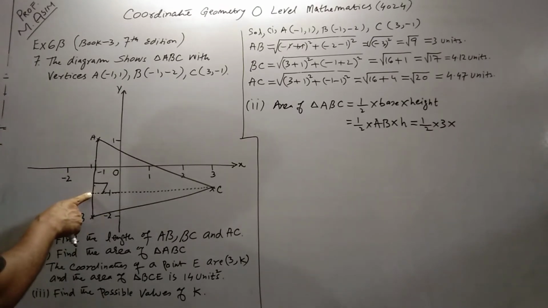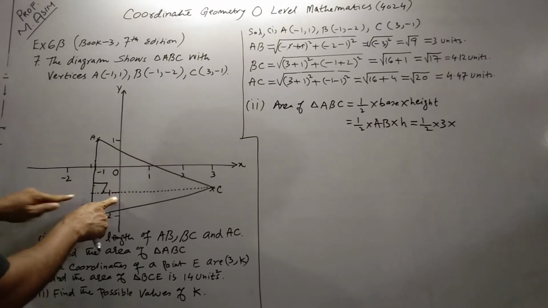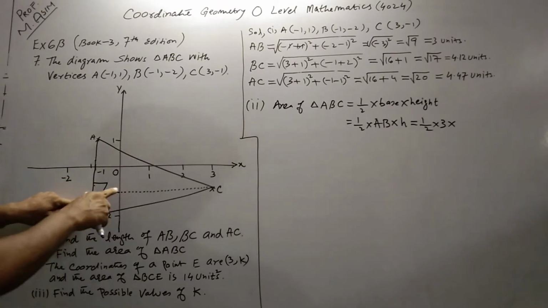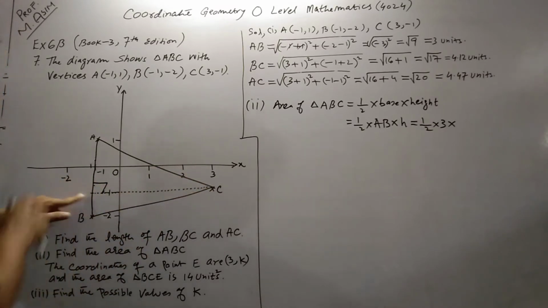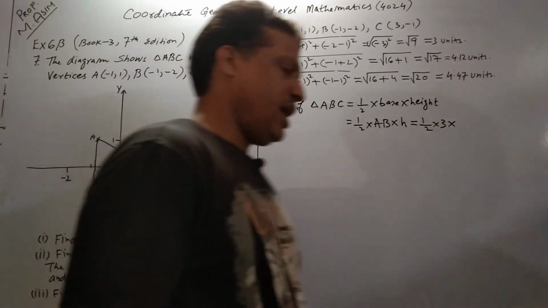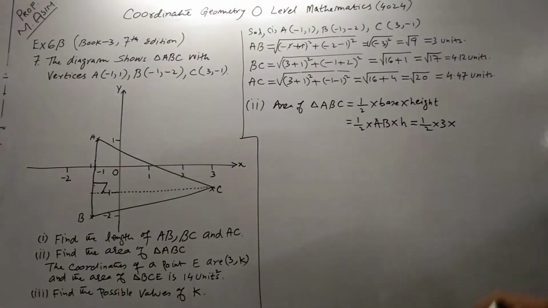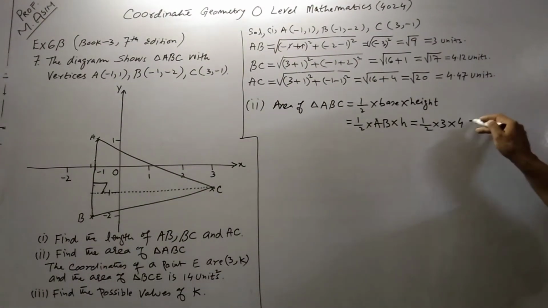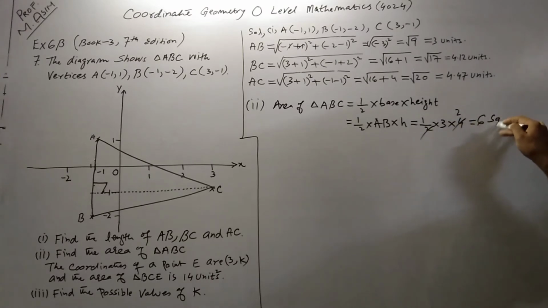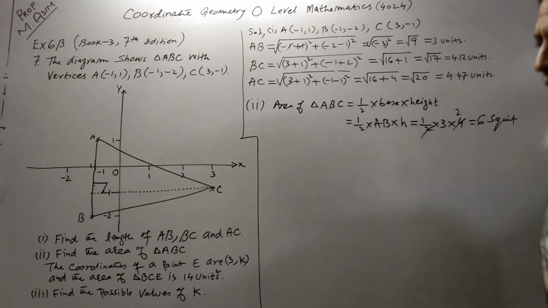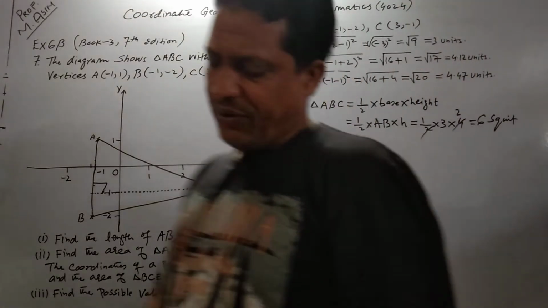This is from -1 to 0, so this is 1, and this is from 0 to 3. So the total length is 3 plus 1, which is 4. Hence our height is 4. So 2 to the 4, 3 to the 6, 6 square units. I hope you understand, but I want to tell you again.